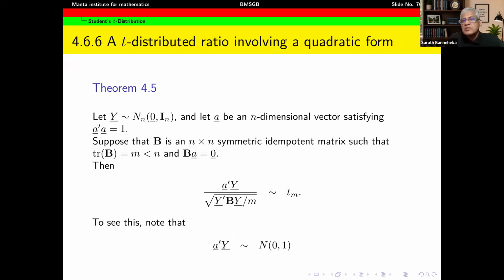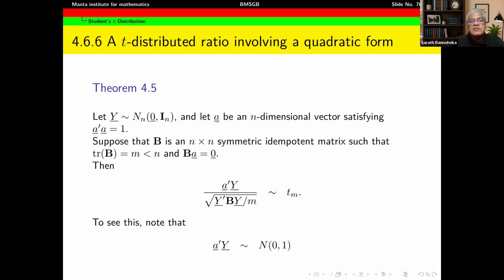So all those theorems were involving univariate theory, right? Now we are looking at the corresponding multivariate extensions of those, when the data are coming from multivariate normal distributions rather than univariate normal. So suppose that a random vector y has a multivariate standard normal distribution with mean 0 and variance covariance matrix equal to the identity matrix.